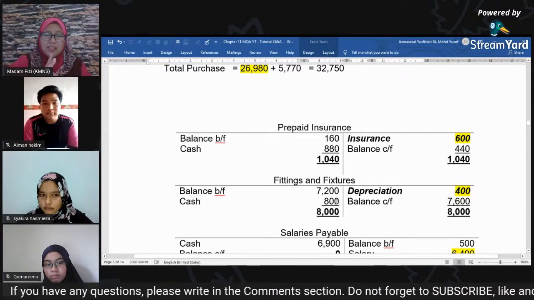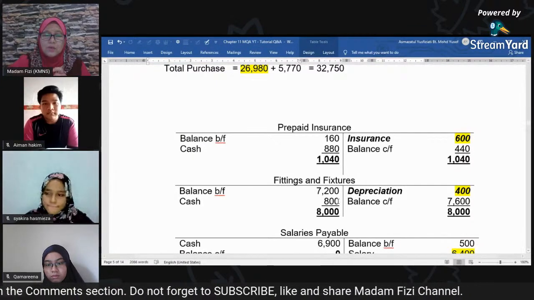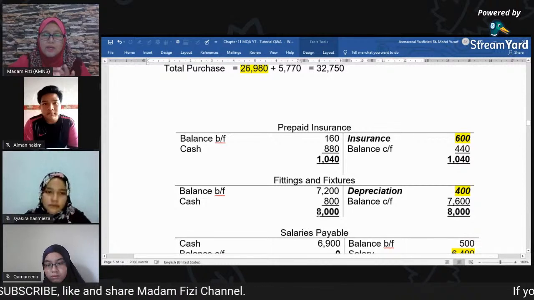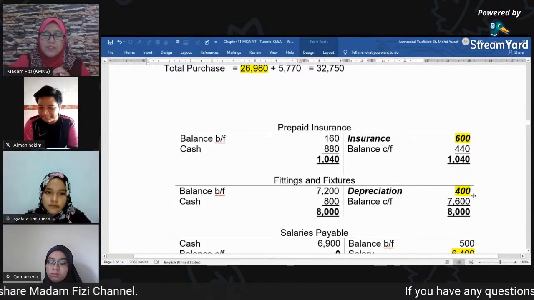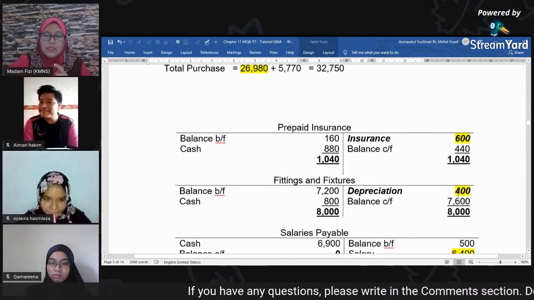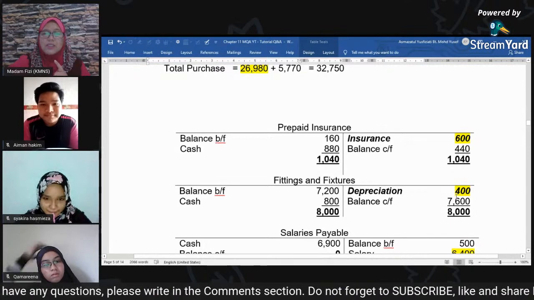So there are 3 transactions. That's why I open the T account for fitting and fixtures. So you balance left and right, then you get the missing figure here is 400. This 400 is depreciation for fitting and fixtures.